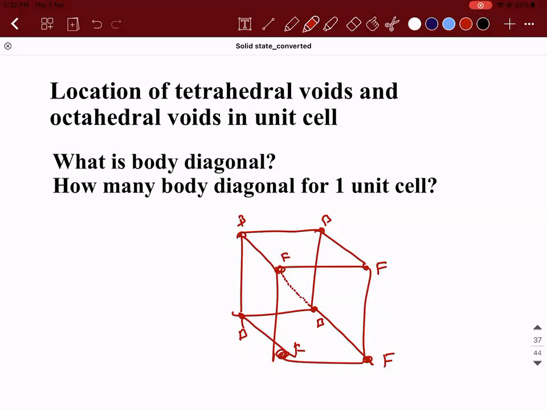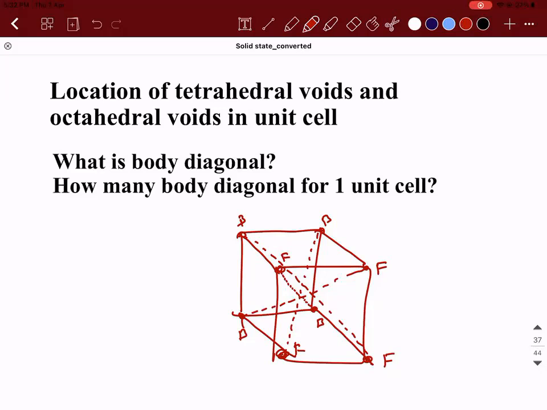Exactly 4. This body diagonal is a very important term, so that you can understand how many tetrahedral voids and octahedral voids will be present. So, totally 4 body diagonals. Now, got my point? Now we can calculate the tetrahedral voids in a unit cell.